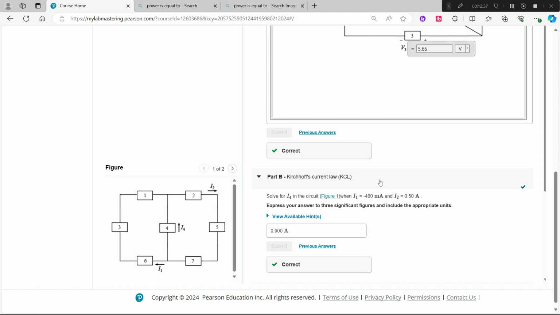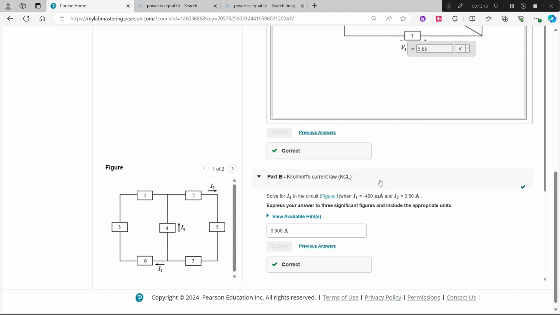We're just gonna draw the currents. Make it simple. I2, I4. Okay, I drew them all, and we're given I1 is equal to negative 400 milliamps.